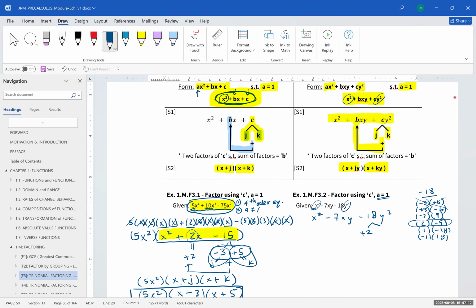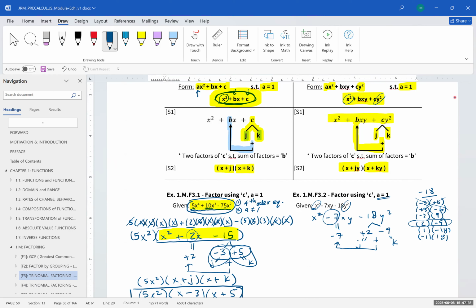Positive 2 times a negative 9. When those two are added together, that'll give us negative 7, and that equals the coefficient in front of this middle term. All right. So this is our value of j, and this is our value of k.